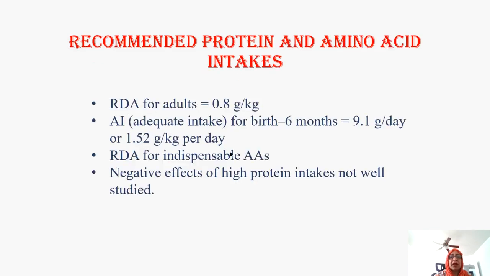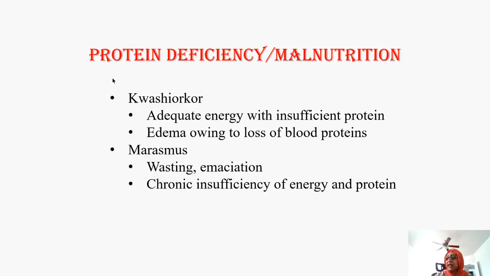Okay, so this is about how much we need from the proteins. Now finally, we need to talk about protein deficiency and malnutrition. Okay, so we have a few conditions where people could suffer from full malnutrition or just protein deficiency.